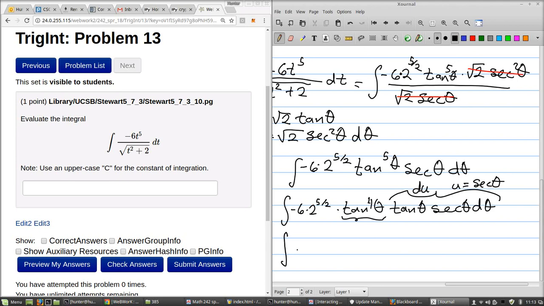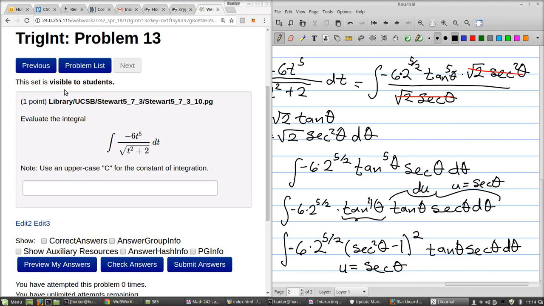So this becomes negative 6 times 2 to the 5 halves times secant squared theta minus 1 squared times tan theta secant theta d theta, and then you just do u equals secant theta, and it's an easy problem after that. Typing the answer in is a real bastard. Remember to do plus c.